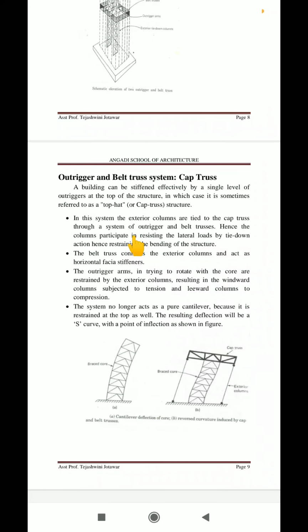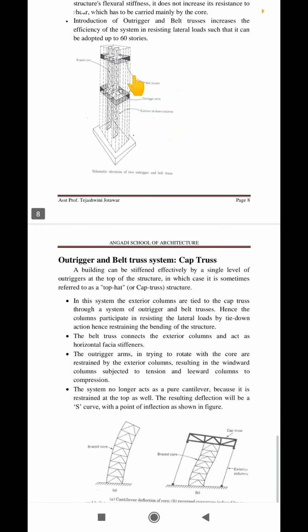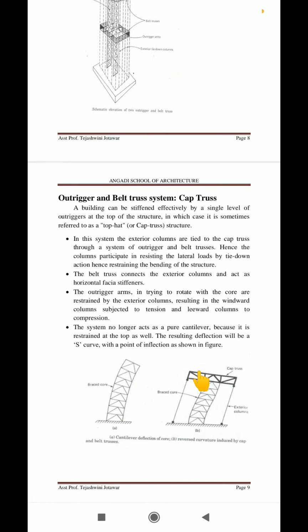And then the last type is the outrigger with a belt truss system as a cap truss. So instead of providing a belt truss somewhere in the middle like this type, I can also provide a belt truss only at the topmost floor, that is at the roof of the structure, as a cap truss, or a top hat.